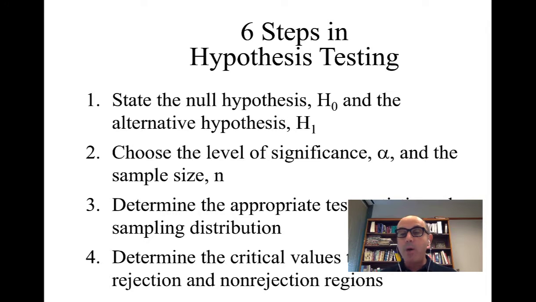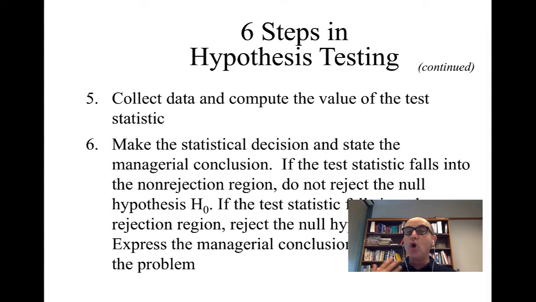You determine the appropriate test statistic and the sampling distribution. You determine the critical value that divides the rejection and non-rejection regions. You collect the data and compute the value of the test statistic. The last step is to make the statistical decision and state the managerial conclusion.